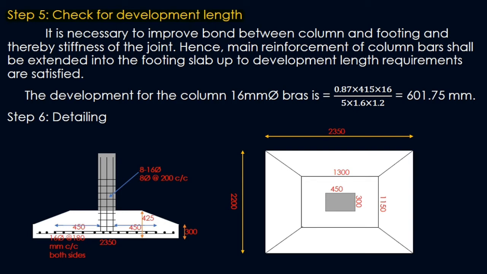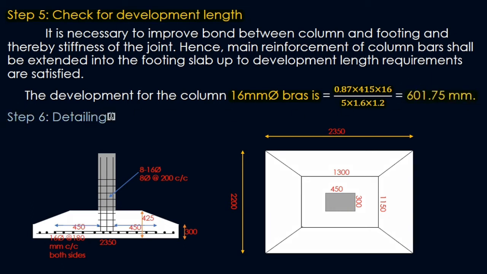So the development length for the column 16 mm dia bars is 0.87 into 415 into 16 divided by 5 into 1.6 into 1.2. This formula is also available in the IS 456 code book. We just refer to it. So the total answer I got is 601.75 mm.